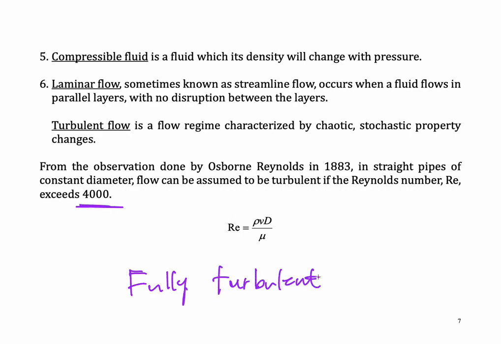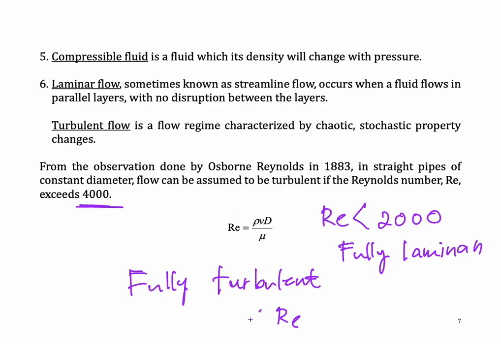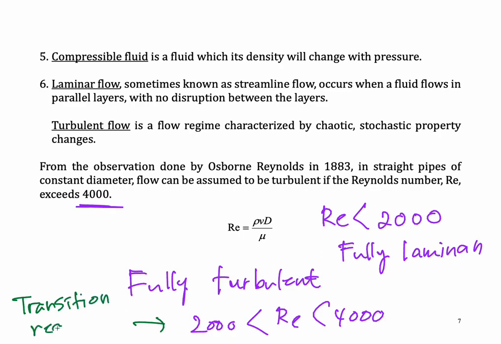If the Reynolds number is less than 2000, we call it fully laminar. If the Reynolds number is between 2000 and 4000, we call it the transition region, or transition flow.